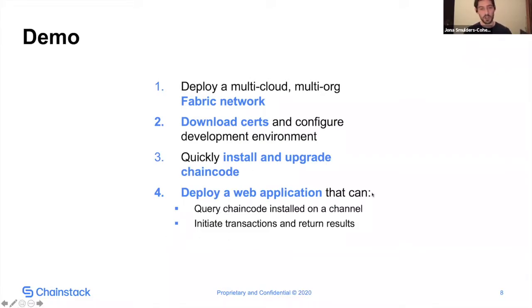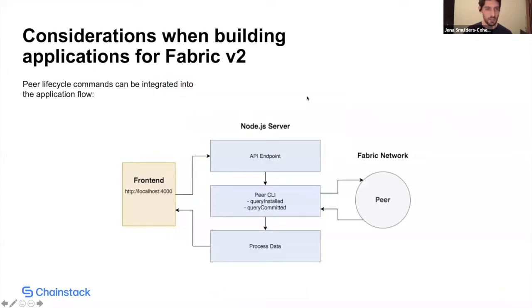I'll also show how we can deploy a web application that will not just use the Node SDK to initiate transactions and show the results, but will also be able to query the chaincode installed on a channel using a method that I'll explain shortly. So let's jump straight into that.